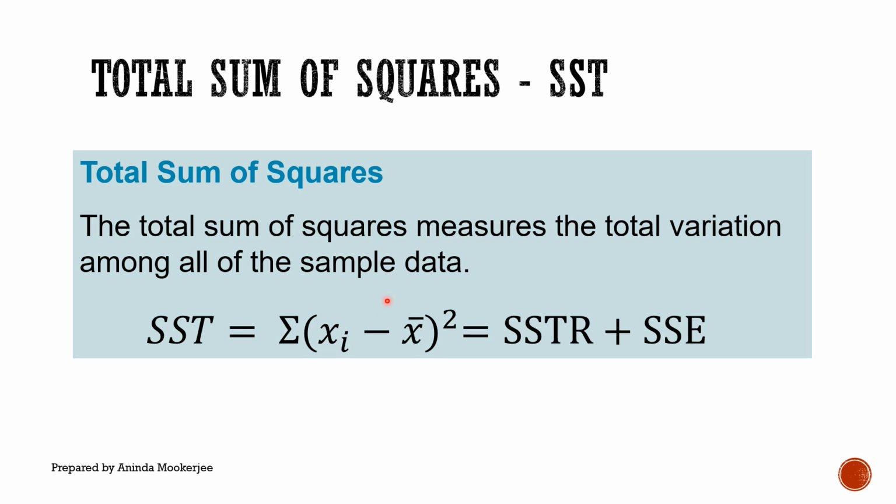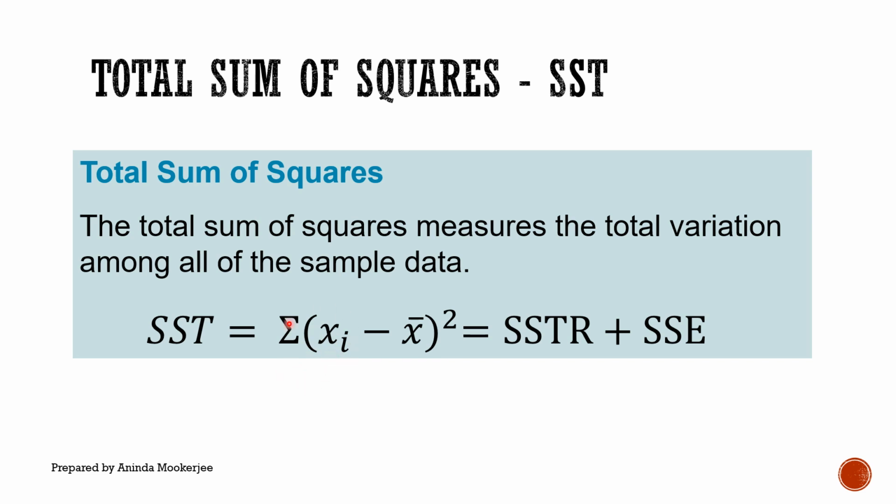Here we see the formula for SST, the total sum of squares. It's the sum of x sub i minus x bar, whole squared. What is x sub i? X sub i represents the individual values in our data, and how much the individual values vary from the overall mean. It's not the separate or individual sample means; that goes in the SSTR calculation.